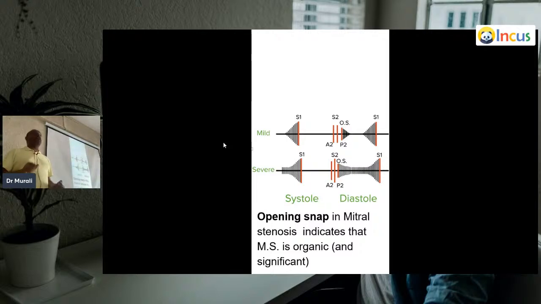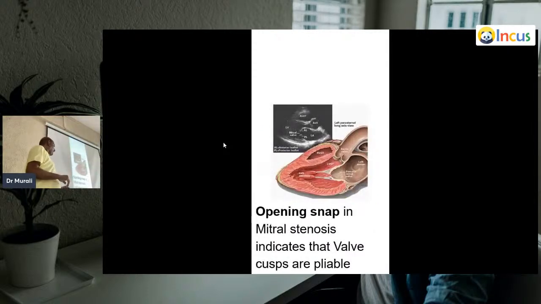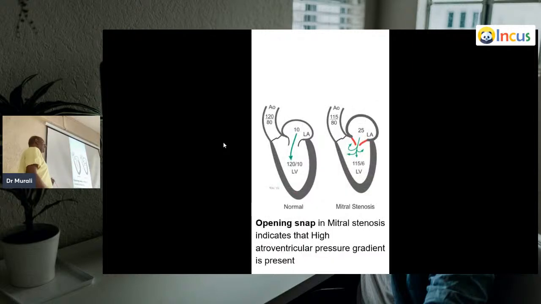If an opening snap is there, it means there is a valve with tensile strength to create that popping sound. That means it is not calcified, so the MS is organic. Also, the opening snap indicates the cusps are pliable, is what you need to remember.